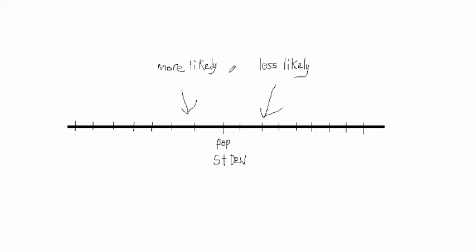And that thinking makes sense, but there's actually an adjustment that's done to a sample standard deviation that corrects for this. It actually corrects for the tendency for a sample standard deviation to underestimate the population standard deviation.